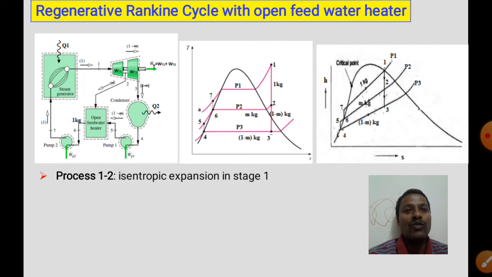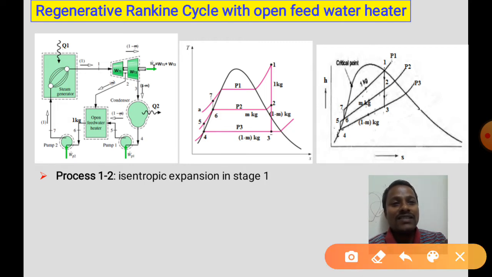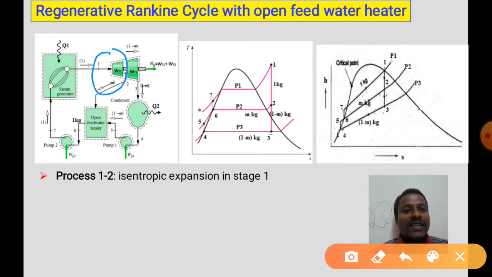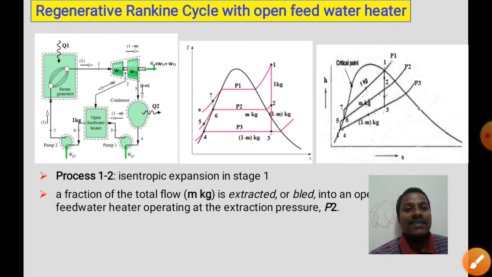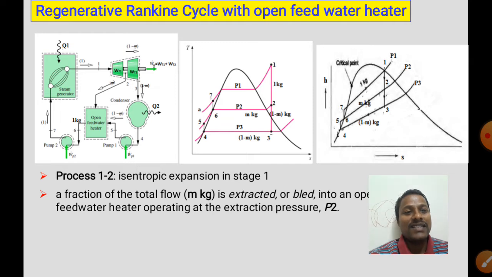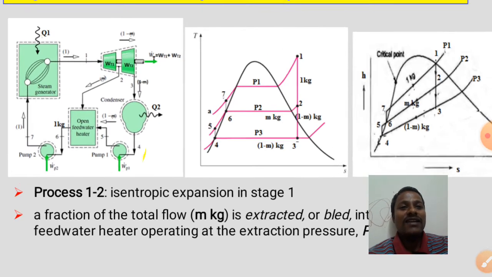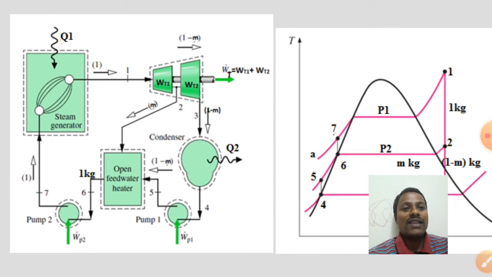1 to 2. What is the 1 to 2? 1 to 2 is the process happening in stage 1, so that is isentropic expansion of the steam in stage 1. Next, the second step is a fraction of total flow, that is m kg is extracted, total flow is 1 kg, so 1 kg is flowing into the turbine.